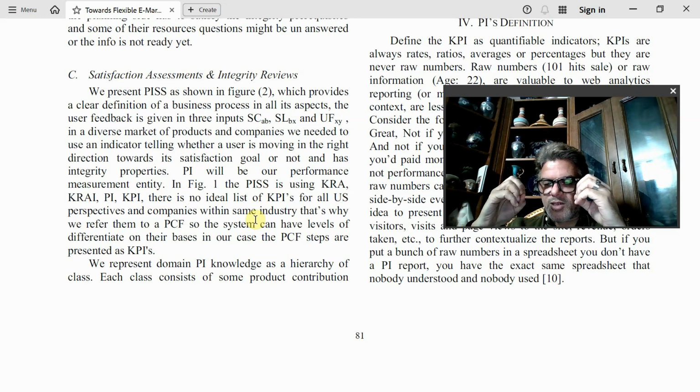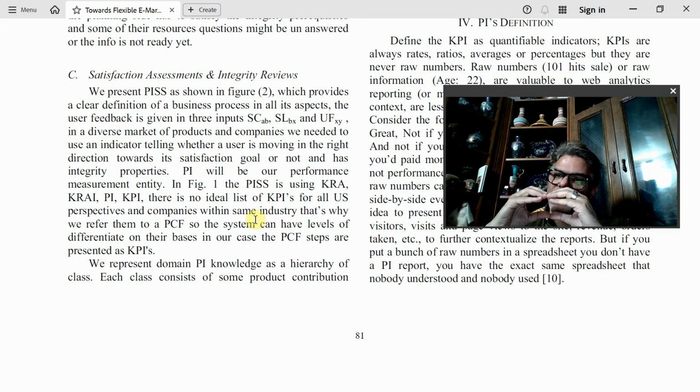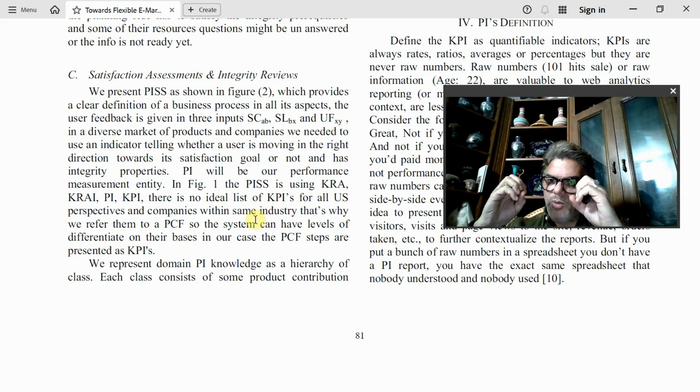So the business satisfaction and the user satisfaction.